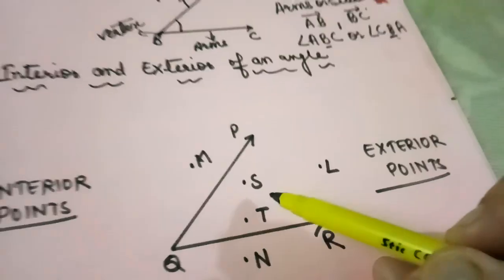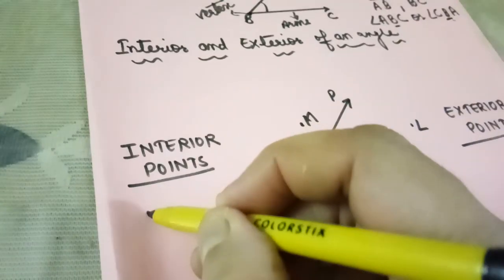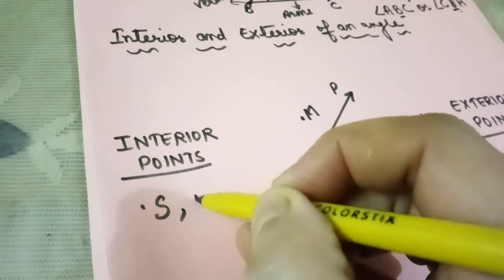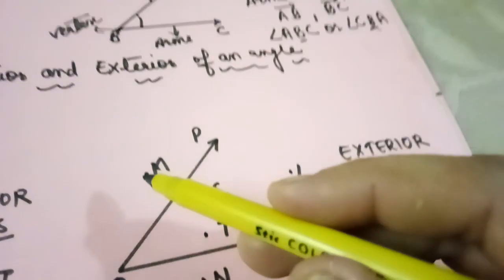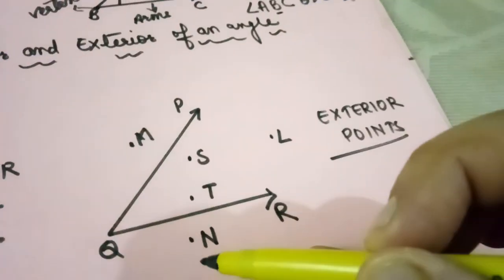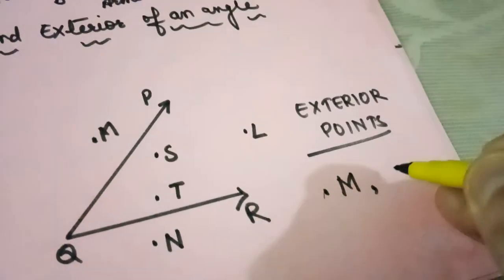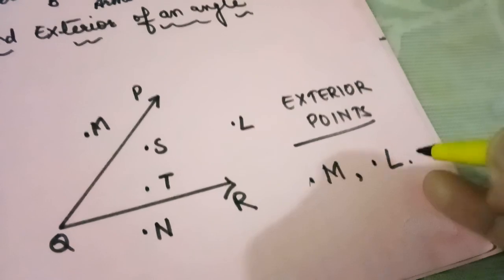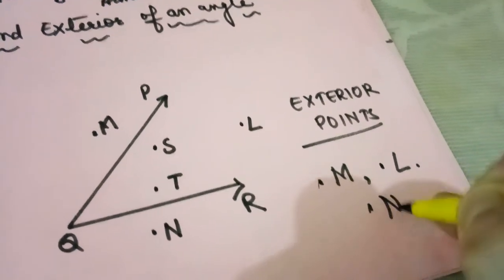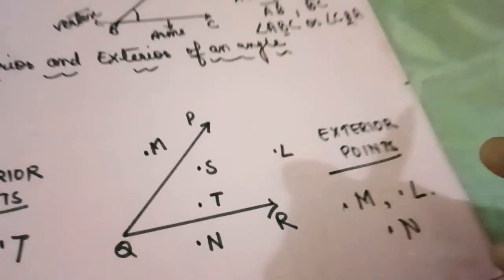So here I can say points S and T are interior points and point M, point L and point N are exterior points, right?